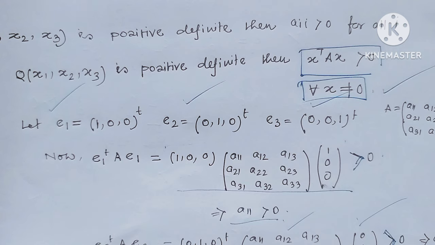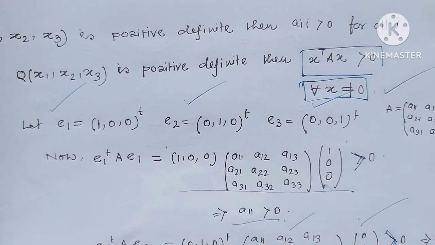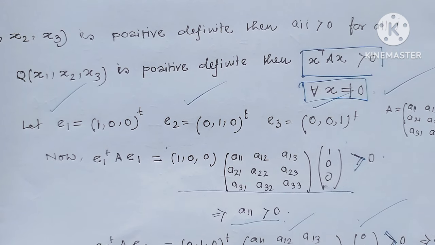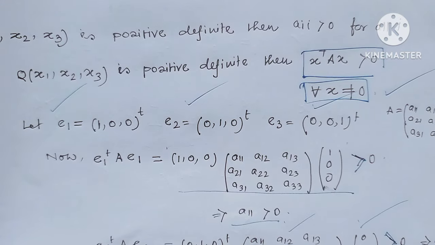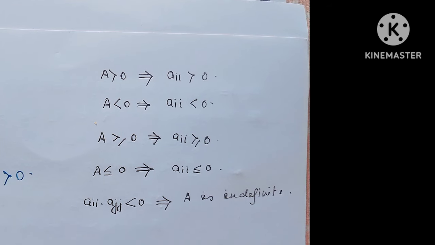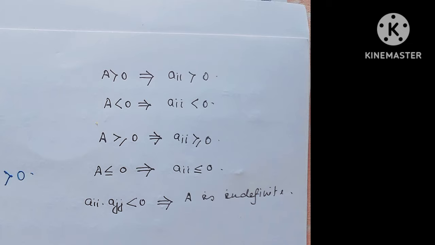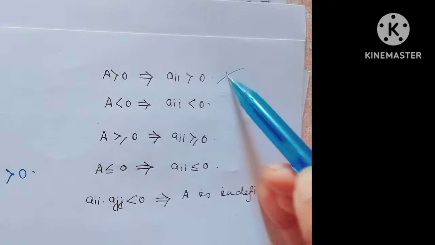Not only positive definite, this result is also true for all definite matrices. The actual result is when A is positive definite, then all diagonal entries are strictly greater than 0.